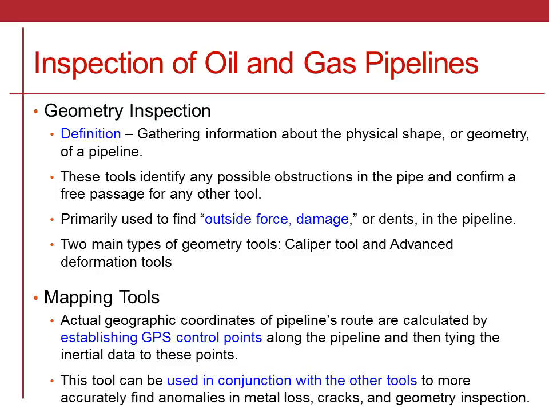These tools identify any possible obstruction in the pipe, and it is a pre-passage of any other tools. Another supporting method is a mapping method. By using GPS, actual geographic coordinates of pipeline routes are calculated. As with geometric inspection, this method is usually used with other internal inspection methods.